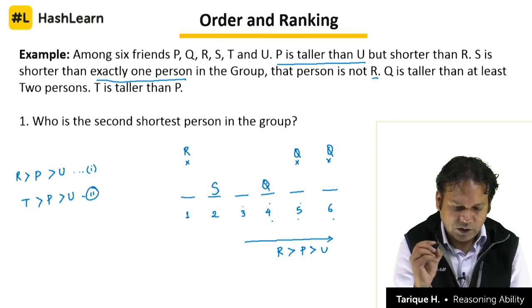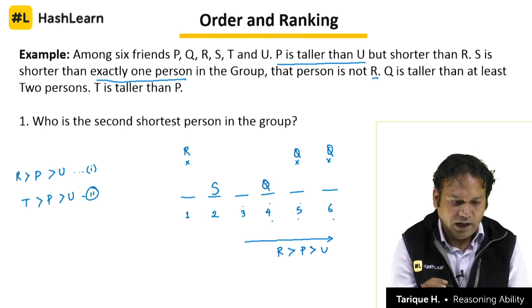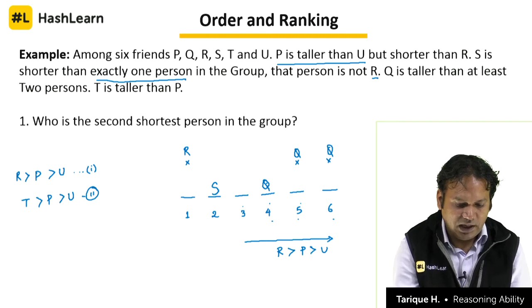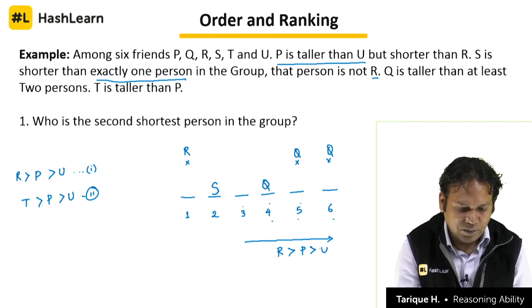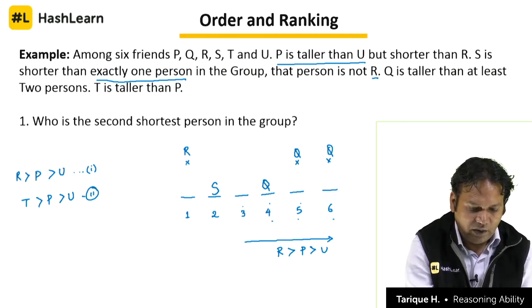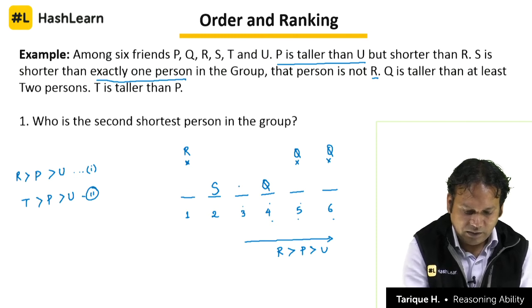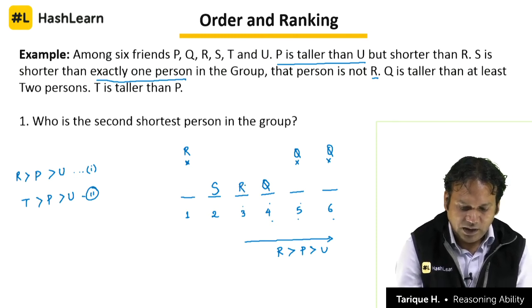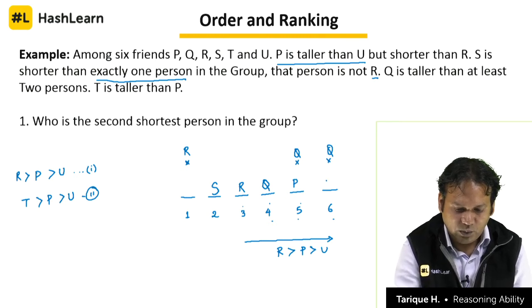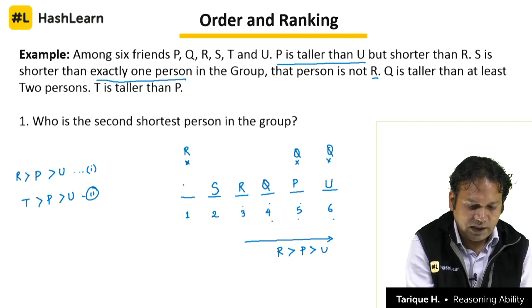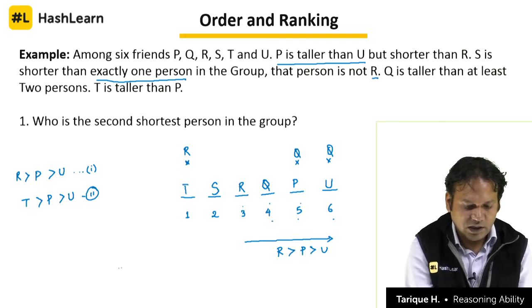If Q is here, and we know T is taller than P and R is taller than P and U, R cannot come here, so R can come in this position. That means P will come in this position and U will come in this position. That only makes possible that T is in the first position. So that is one possibility.